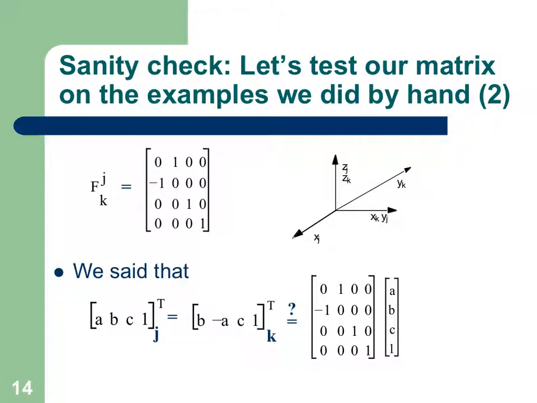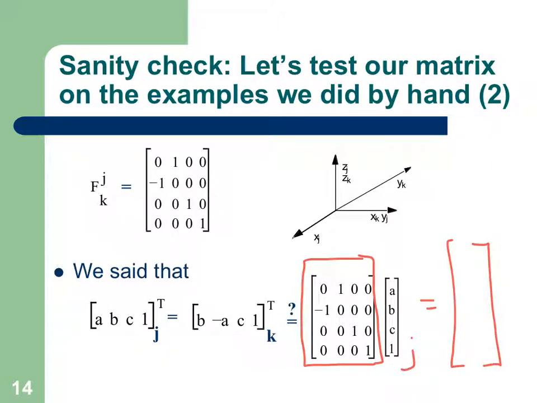So let's say that we have the point A, B, C in J coordinates, and we want to multiply it by this matrix, right? And what do we get for the answer? Well, we've got a vector, right? In the first row, we have 0 plus 1 times B plus 0 plus 0, so we end up with B. Second row, negative 1 times A, and then all the rest are zeros, so that's negative A. Third row, 0 plus 0 plus 1 times C, plus 0, so that's C, and the last row, 0, 0, 0, 1, so that just gives us a 1.